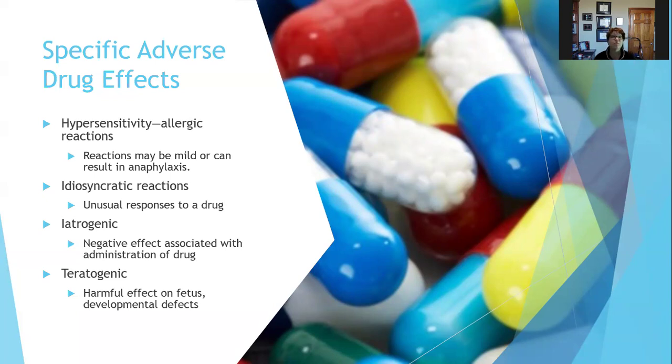And if you're one of those people that has idiosyncratic reactions to drugs, you might be a little cautious about taking on a new prescription or non-prescription drug, because you could just have a reaction that's not cataloged yet. Iatrogenic, remember we talked about iatrogenic disease is a disease caused by medical treatment. So it's a negative effect associated with the administration of a drug.